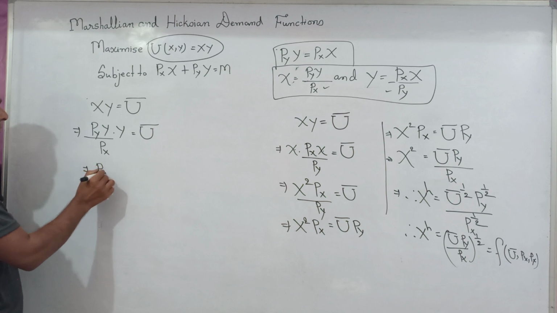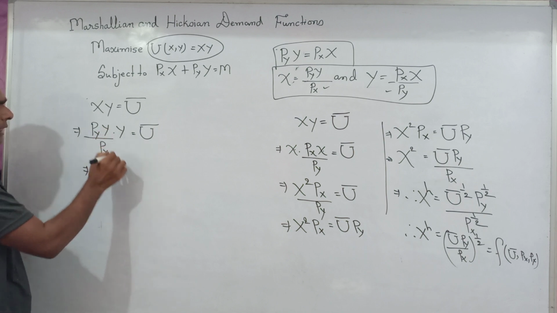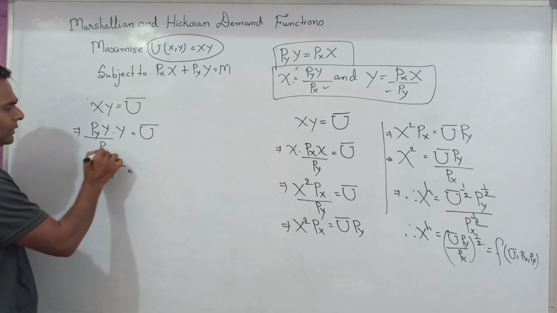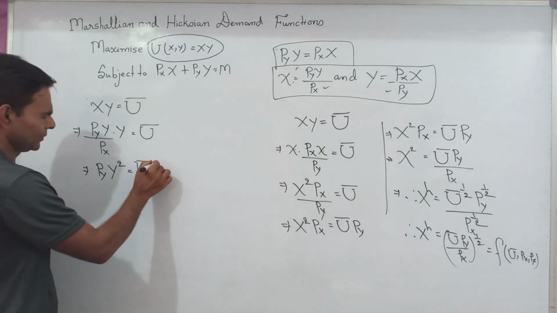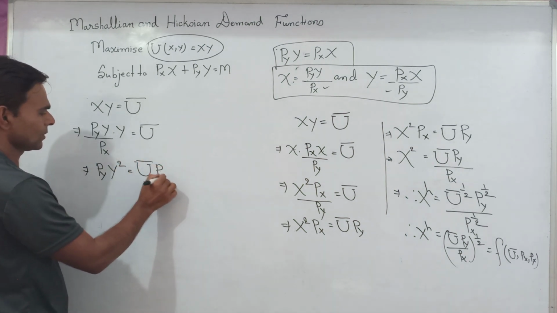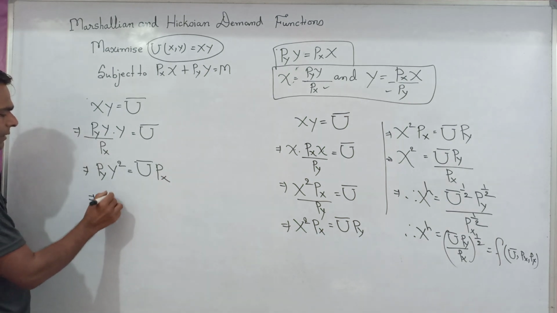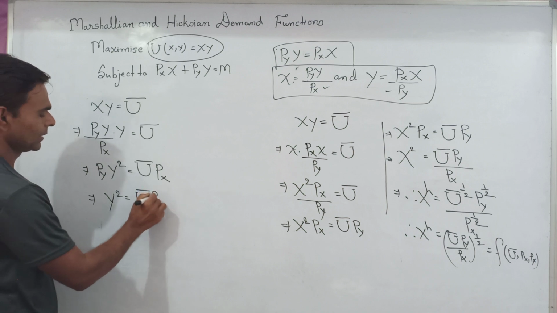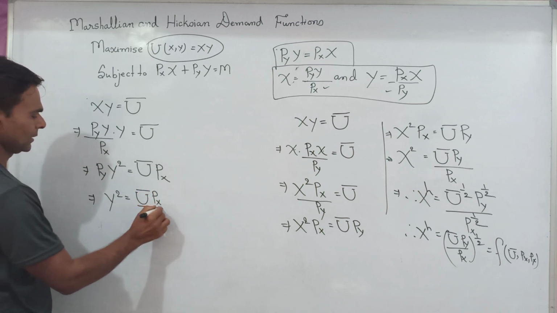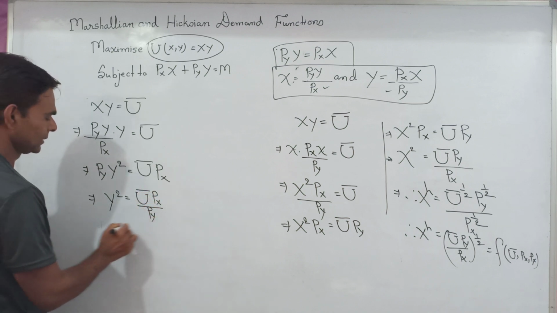Price of y into y, y square, by cross multiplication, fixed level of utility times price of x. Y square equals fixed level of utility, price of x by price of y.